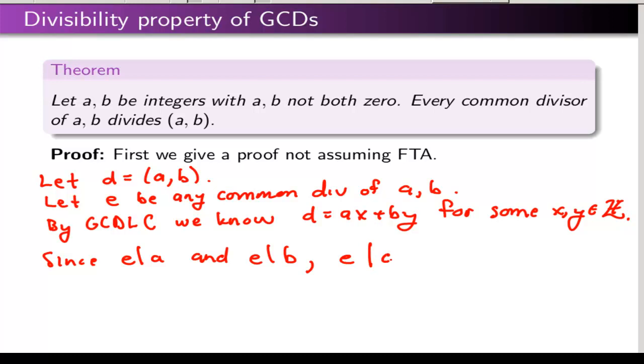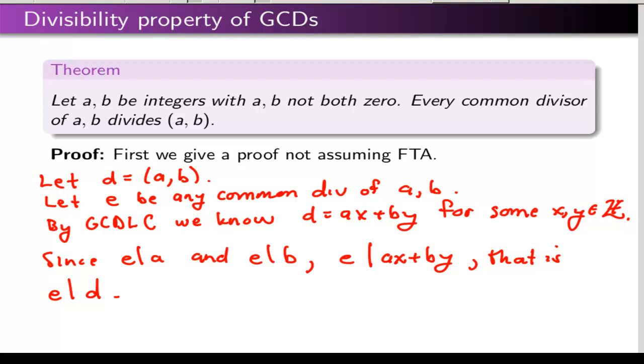So E divides AX plus BY. Okay, that was one of the early divisibility properties we proved. But AX plus BY is the GCD. E divides D. Okay, so there's a proof that just uses the GCD LC property.